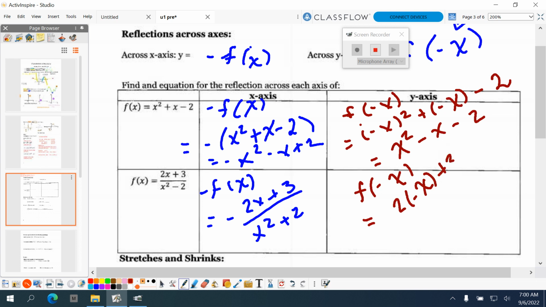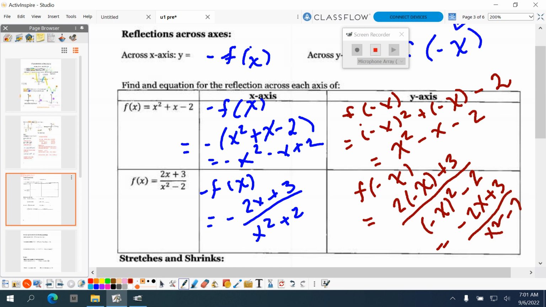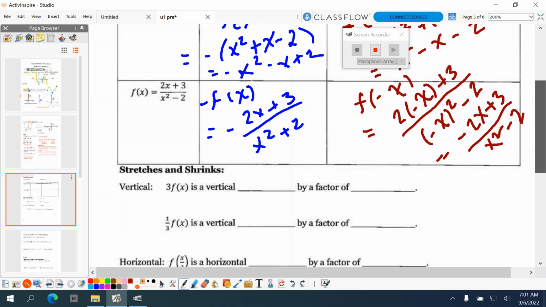Didn't change my constants. Right here, negative x squared minus 2. You can simplify that. I think it suffices to leave it that way, but negative 2x plus 3 over x squared minus 2. So big difference there.